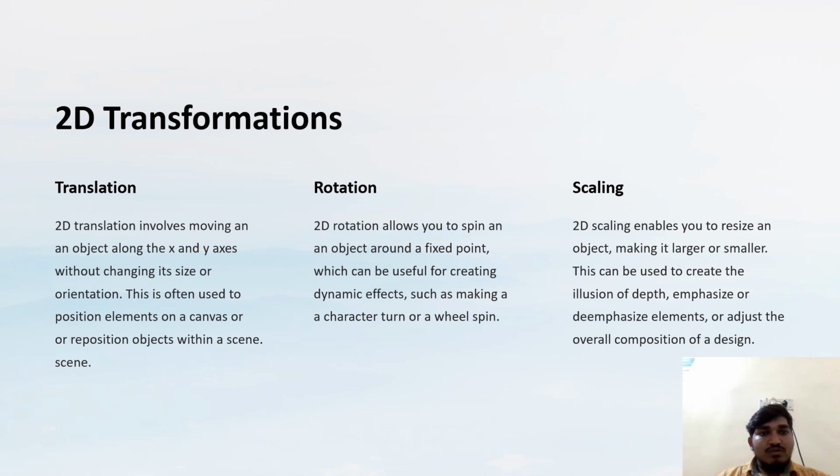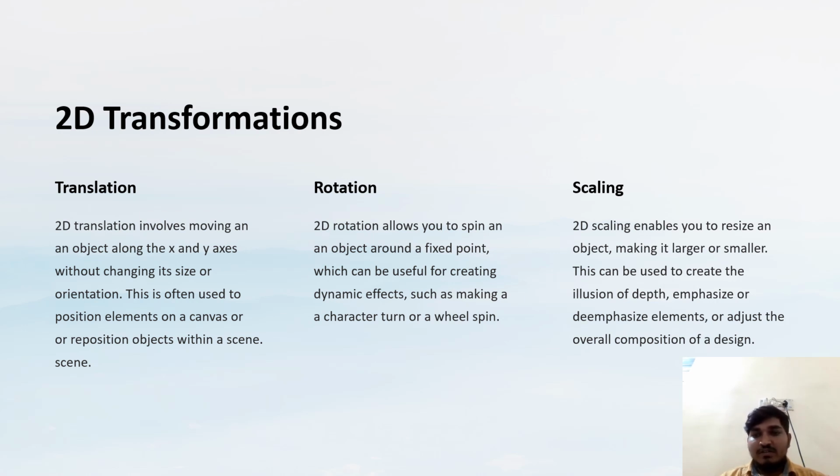Now, let us see some 2D transformations. Translation. 2D translation involves moving an object along the x and y axis without changing its size or orientation. This is often used to position elements on the canvas or reposition objects within the scene. And coming to the rotation, 2D rotation allows you to spin an object around a fixed point, which can be useful for creating dynamic effects such as making a character turn or a wheel spin.